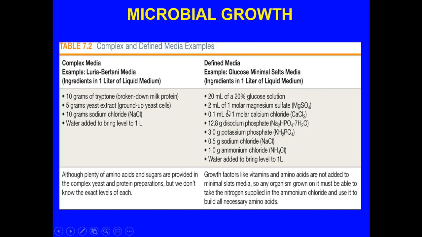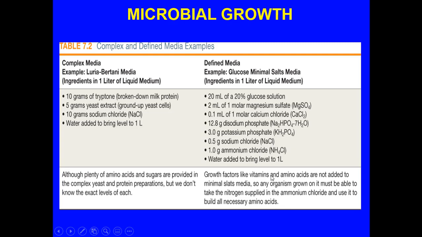Now, defined is you can just go down to the chemistry department, pull out the bottles of glucose, magnesium sulfate, calcium chloride, disodium phosphate, potassium phosphate, sodium chloride, ammonium chloride. Add it to water, measure these amounts out, there's your medium. It's called glucose minimal salts medium. Okay?